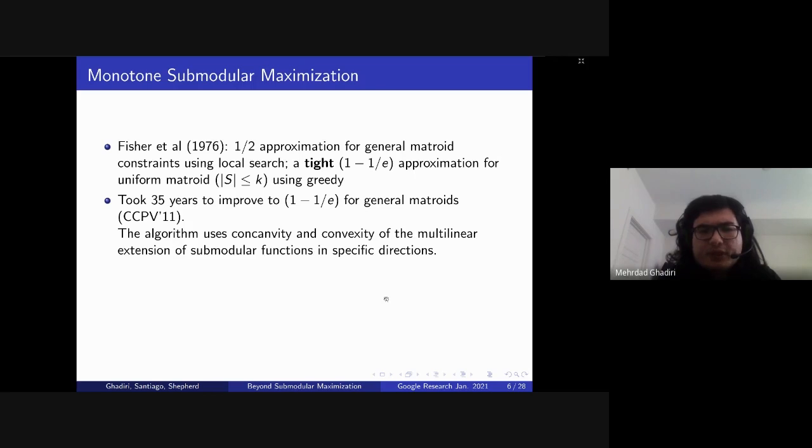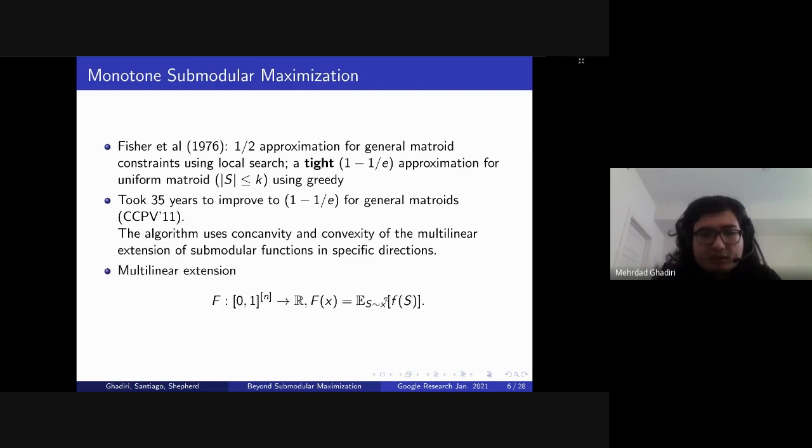That framework uses the concavity and convexity of the multilinear extension of submodular functions in specific directions. I'm going to talk about that later, in more detail.